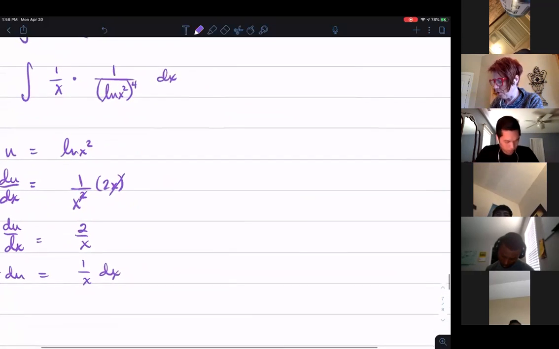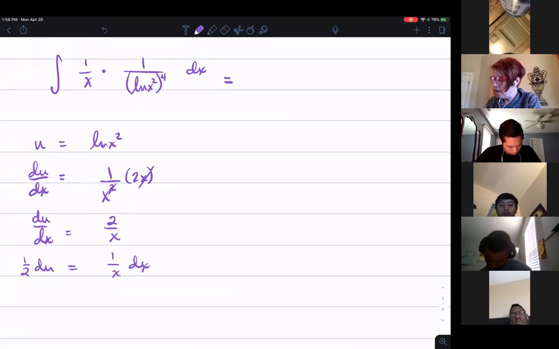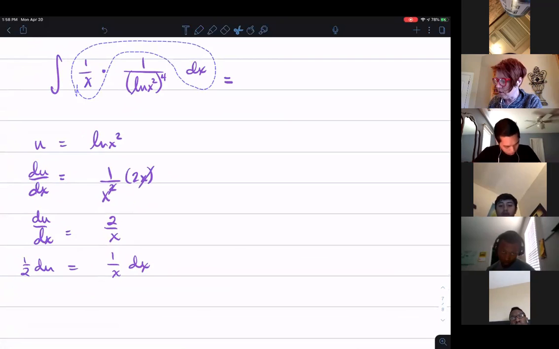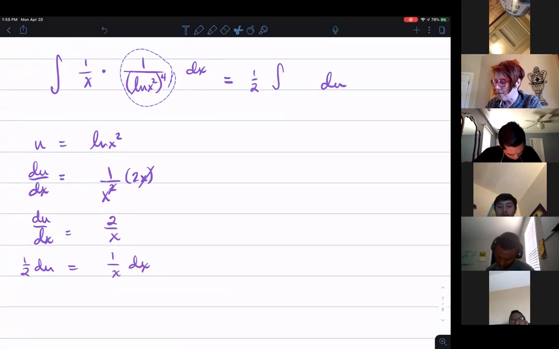Okay. So now let's go back up to our integral, and let's do some substitution. So the 1 over x dx piece, all of those are going to get replaced with a 1/2 du. Right. Okay, so I'll put the 1/2 out in the front and the du out in the back. And then all I have left is this middle guy.